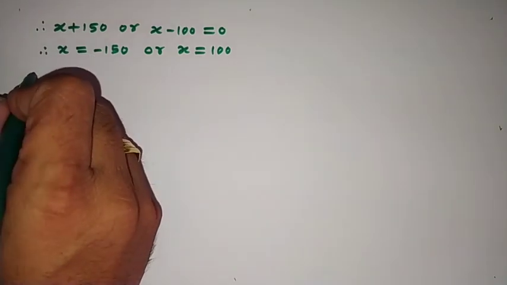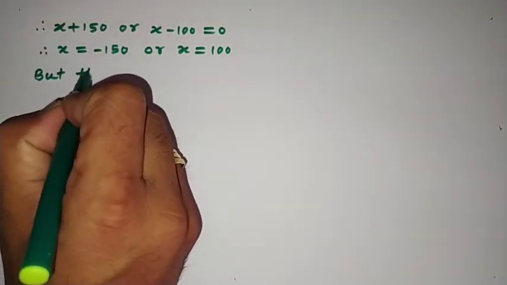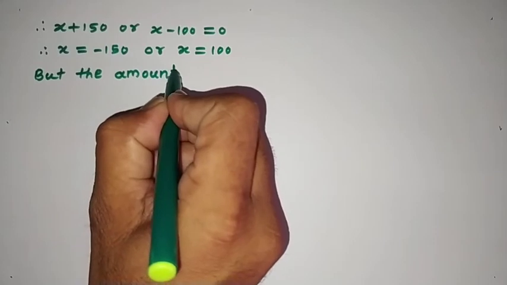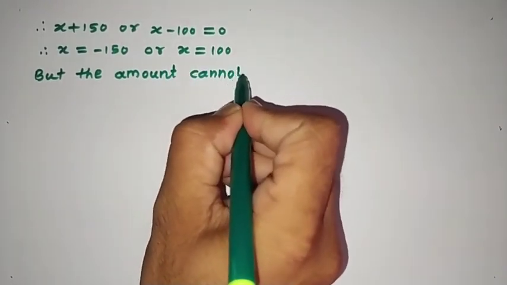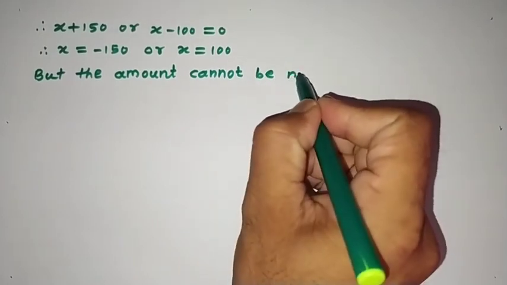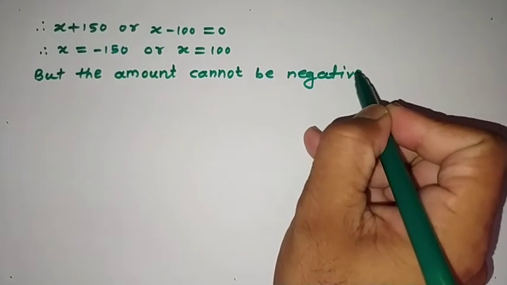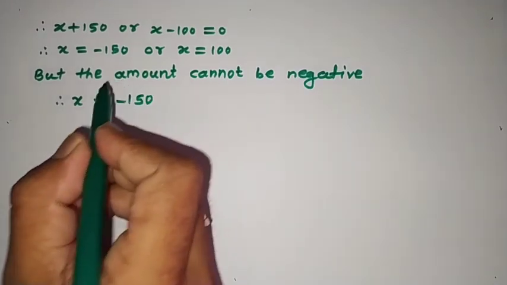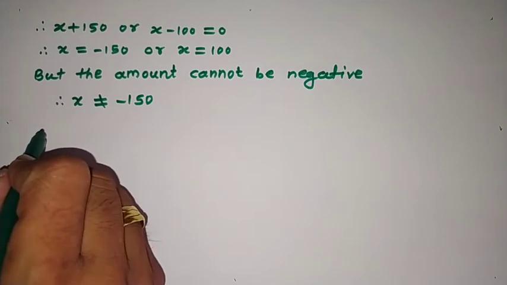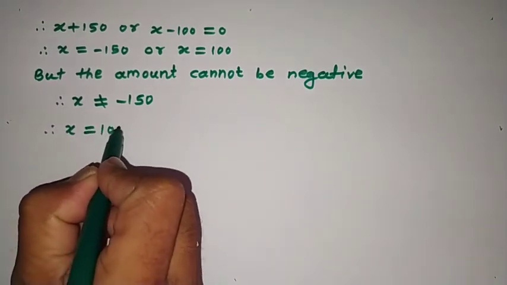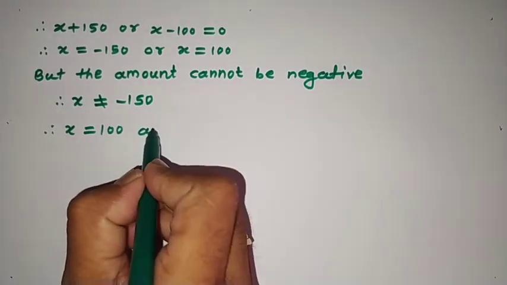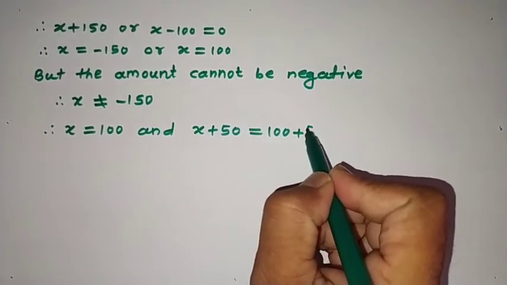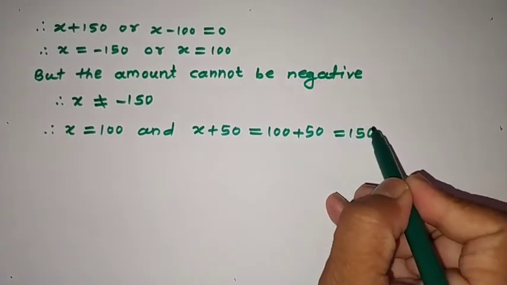But the amount cannot be negative, therefore x is not equal to minus 150, therefore x is equal to 100, and x plus 50 is equal to 100 plus 50, which is 150.